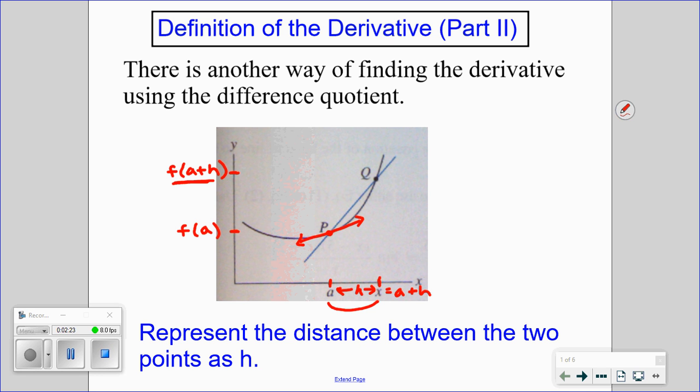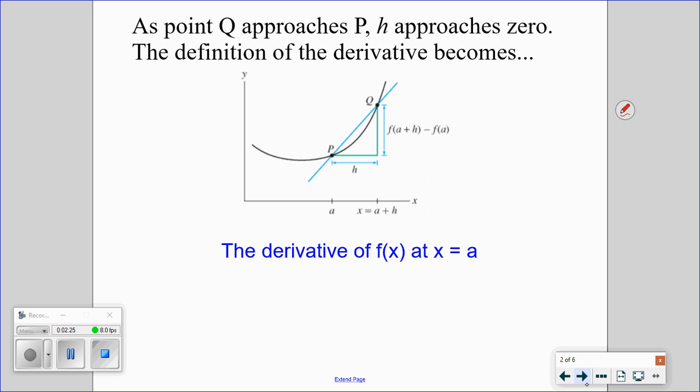So this is what we end up with. The slope of the secant line would be f of a plus h minus f of a, that would be the rise, over h, which is our run.